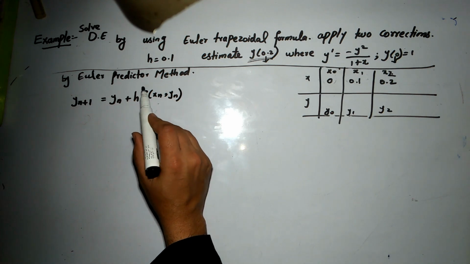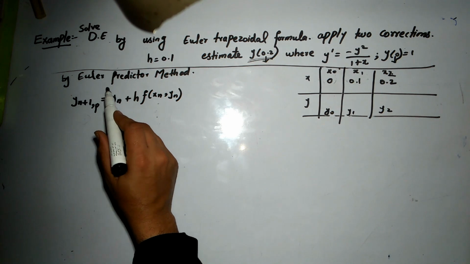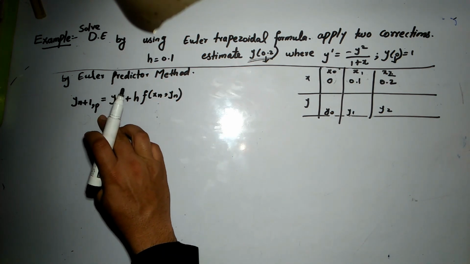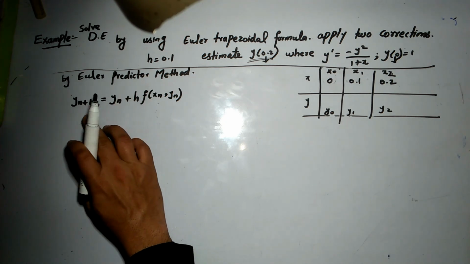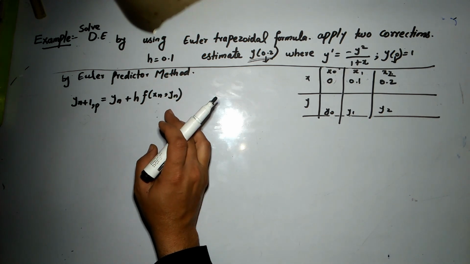Simply this is the Euler formula. If I write p here, this will become the Euler predictor method. Here it is p, so we will apply this into the corrector formula. The Euler predictor method is y_{n+1} = y_n + h f(x_n, y_n).